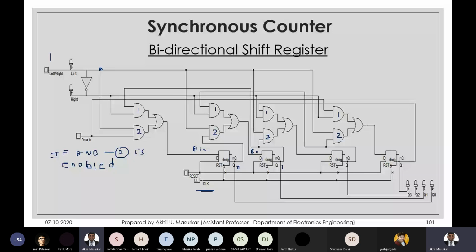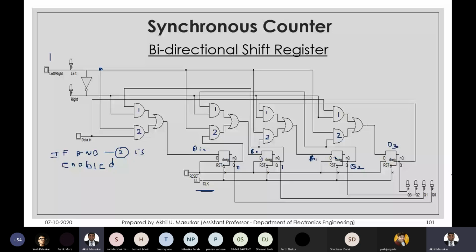Q1 will come here and go to D2, and here we will have Q2. Q2 will come here to D3, and finally this will give Q3, Q2, Q1 and Q0.